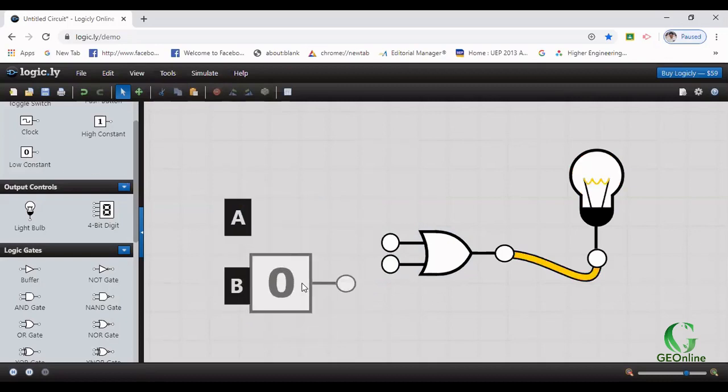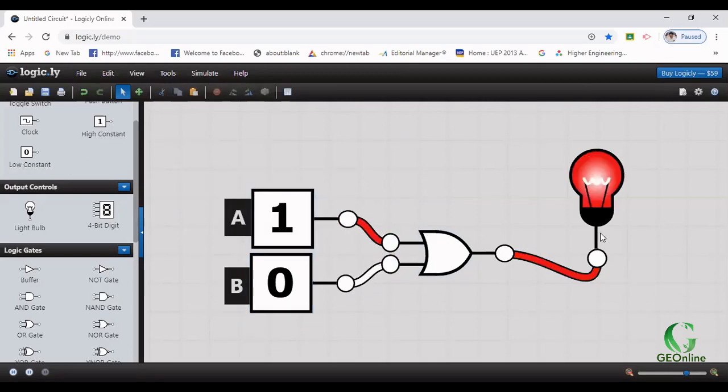So when B is 0 and A is 1, output is high. And when both A and B are high, output is also high. So this is logic OR gate.